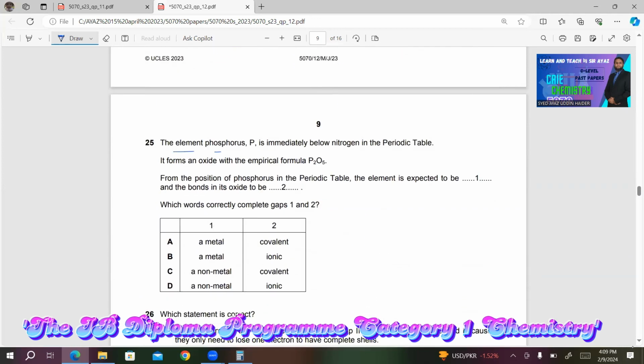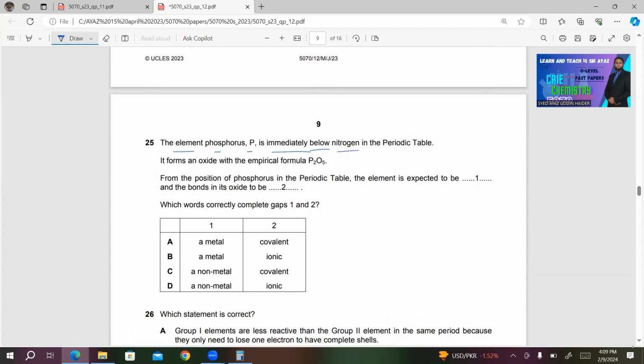The element phosphorus P is immediately below nitrogen in the periodic table. It forms an oxide with the empirical formula P2O5. From the position of phosphorus in the periodic table, the element is expected to be dash 1 and the bonds in its oxide to be dash 2. Which words correctly complete gaps 1 and 2? In 1 we have metal and non-metal, in 2 we have covalent and ionic.